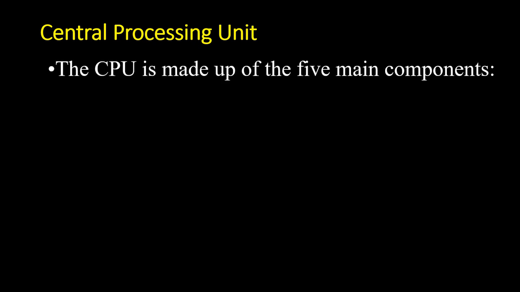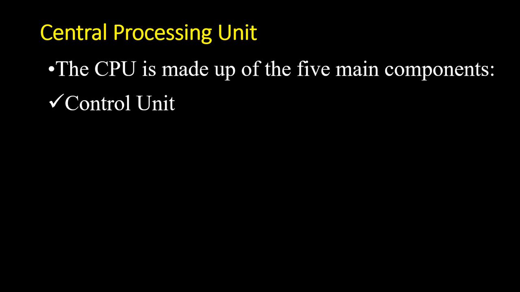Now, still continuing with our central processing unit, the CPU is made up of five main components. There are several others, but let's look at these key ones, and listen carefully because you may still be asked to list the components of the central processing unit. So note down carefully. One, we have the control unit.